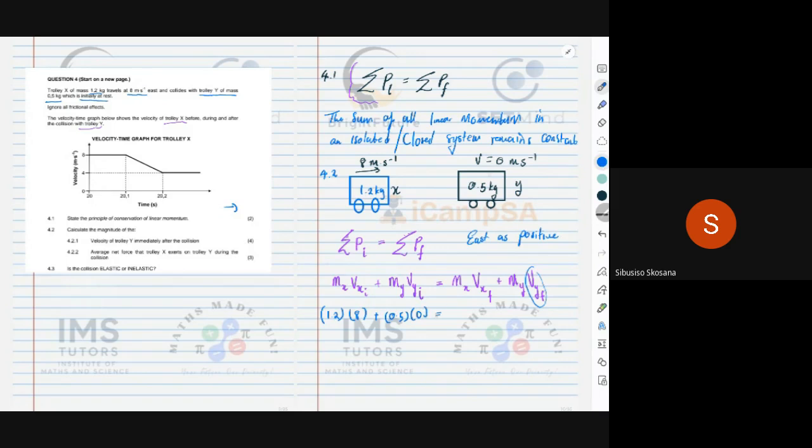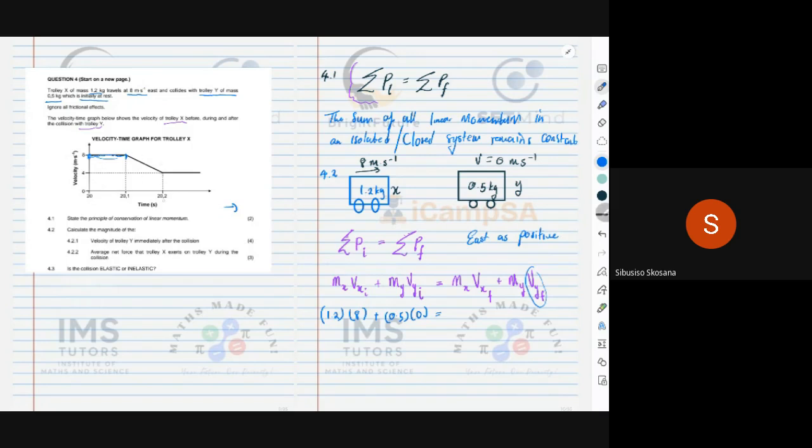Then final, we come back to our graph now, right? We come back to our graph. This thing here is 8, which is our velocity. It moves at this speed, which is 8. But when you get to this 20.1 seconds, we see that the velocity starts to decrease.